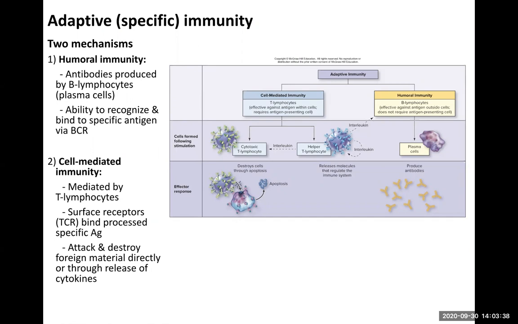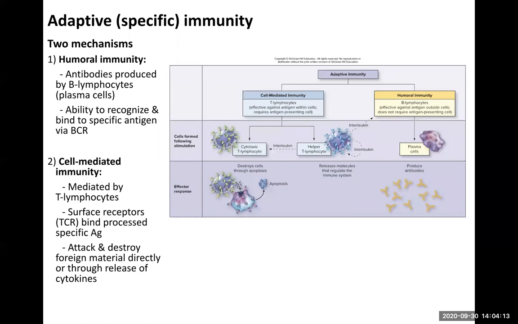Again, the humoral response is made possible by the activation of B cells, and activated B cells produce antibodies. We call activated B cells plasma cells, and they are basically antibody-producing machines. Both B cells and T cells are activated through recognition of specific antigen by either the B cell or the T cell receptors.